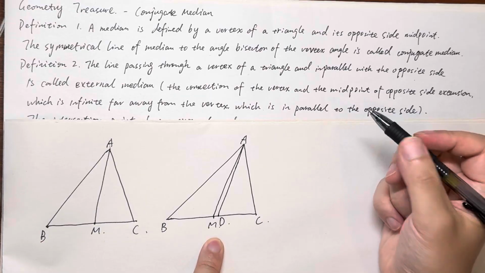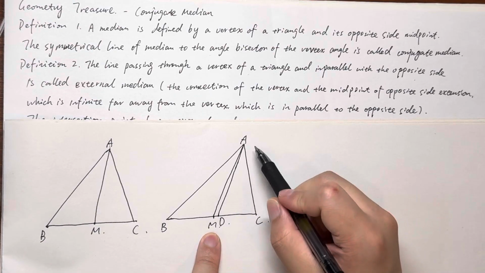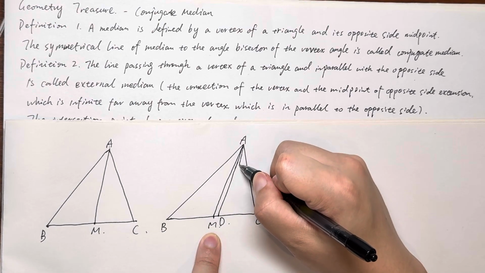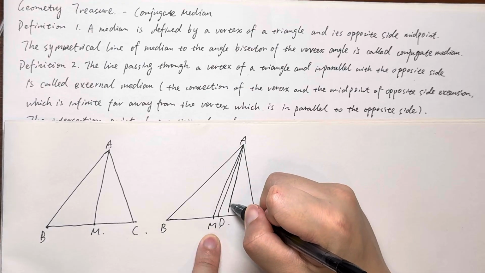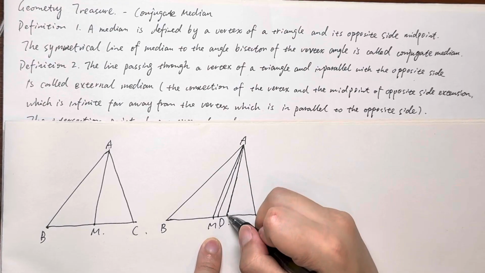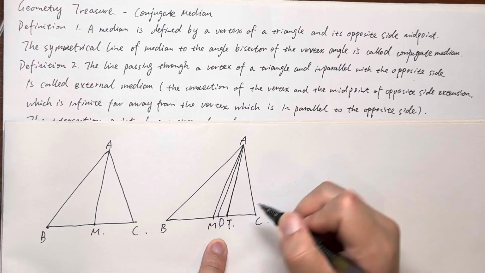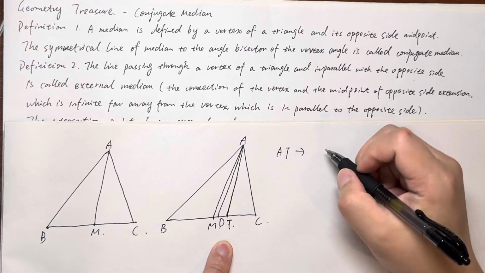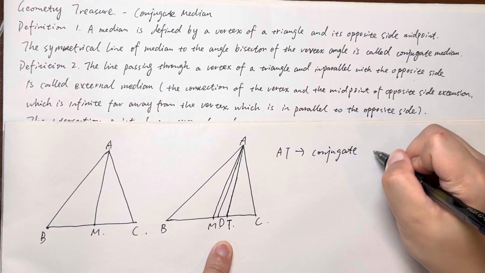AD is the angle bisector. And we find the symmetrical line of AM with respect to AD, which is this line here. Let's call it AT. Then we call AT the conjugate median.